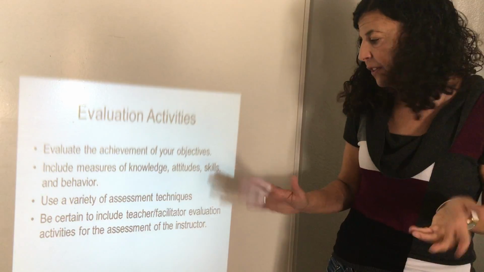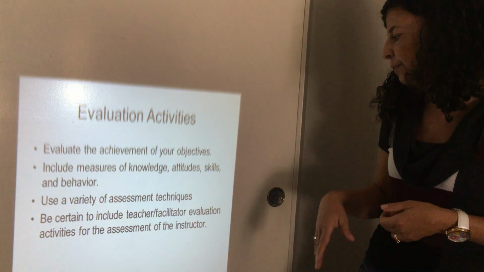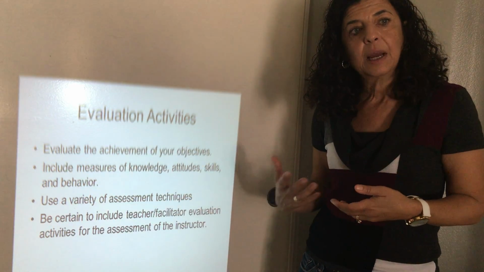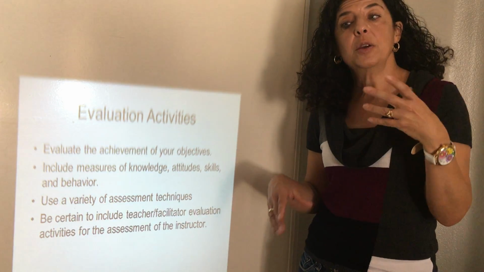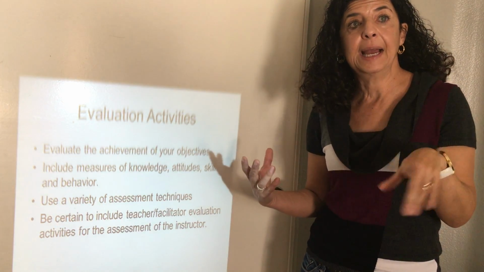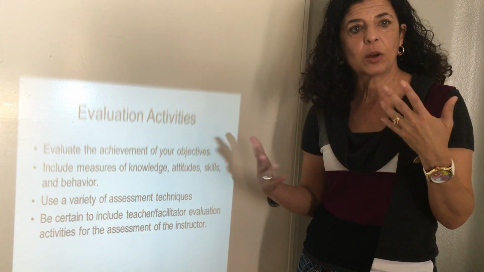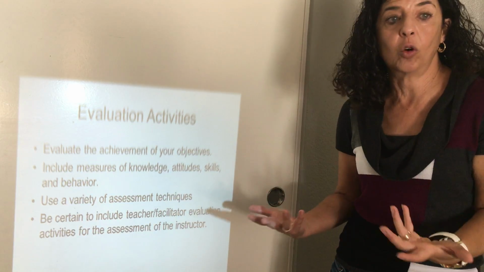You can use a variety of different assessment techniques and strategies, and you also want to include a way to get feedback for yourself or for the curricula. Even for me, I posted a quick little online survey after exam 1 so you guys could give me feedback as to how this course is going for you.